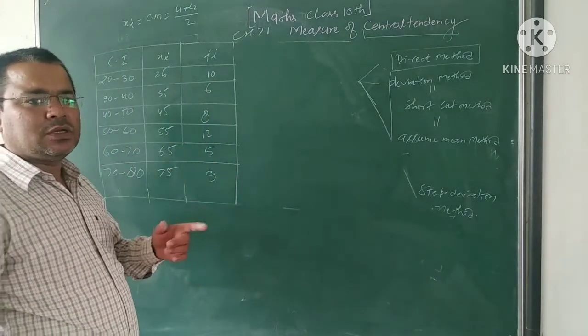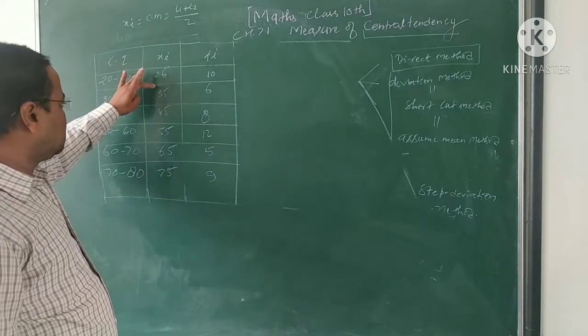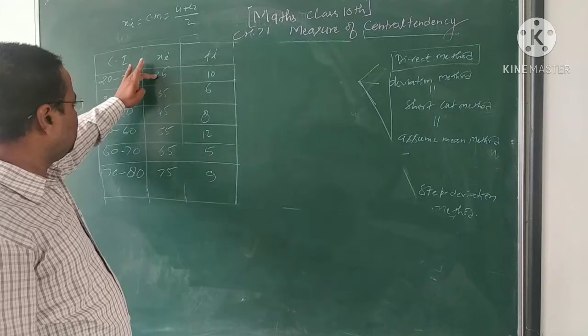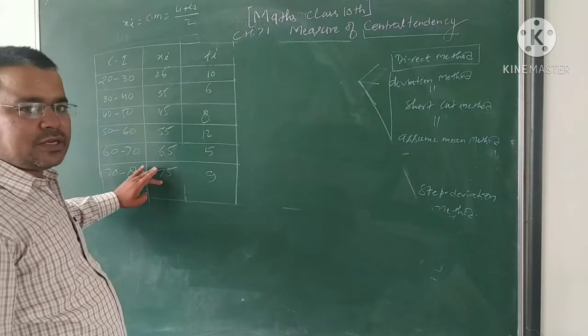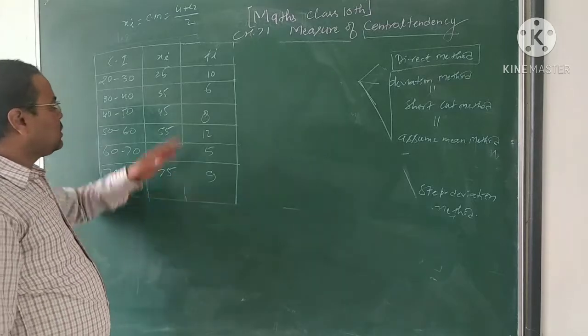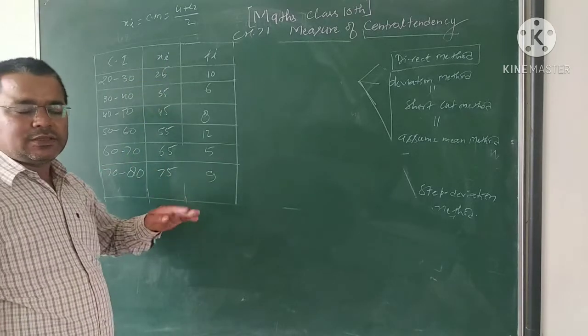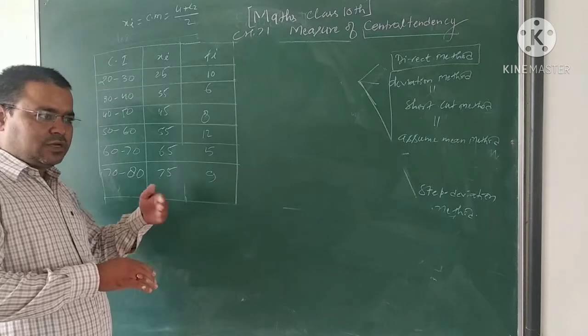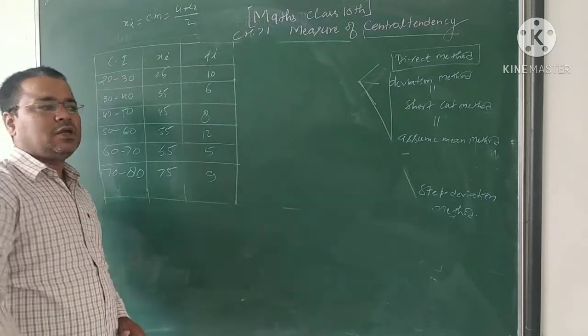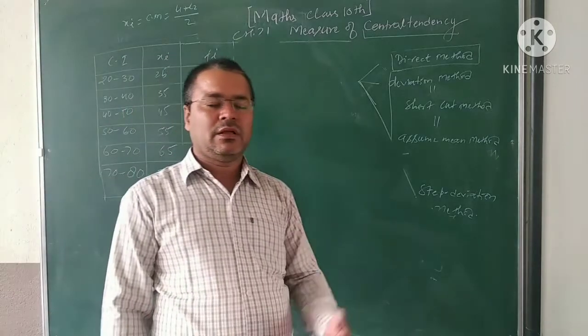We just count the number of class marks: 1, 2, 3, 4, 5, 6. If the number of class marks is 7, then we leave the first 3 up and 3 down, and the middle one we can take as assumed mean.